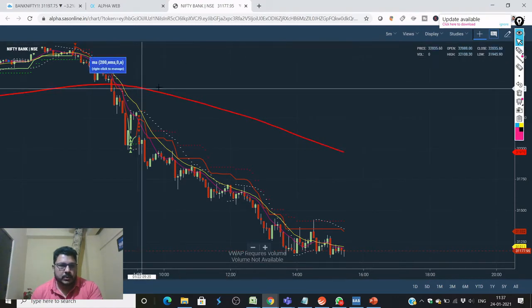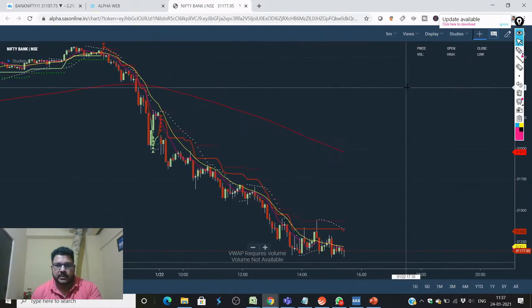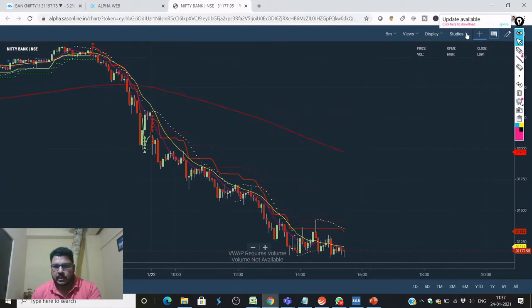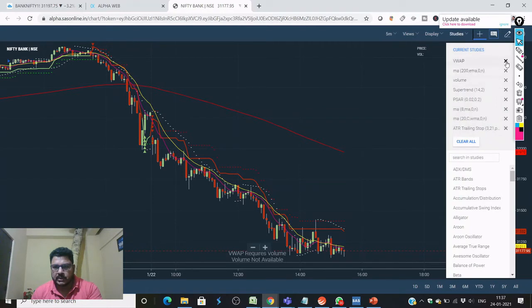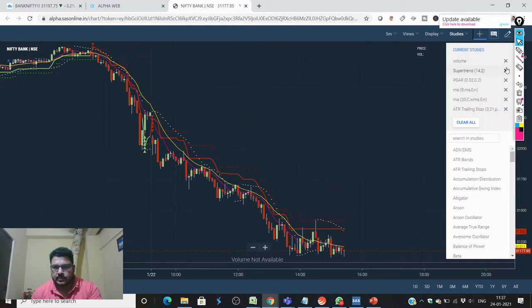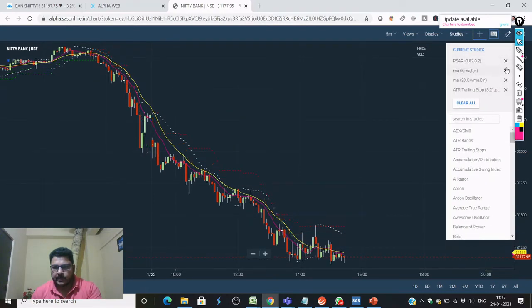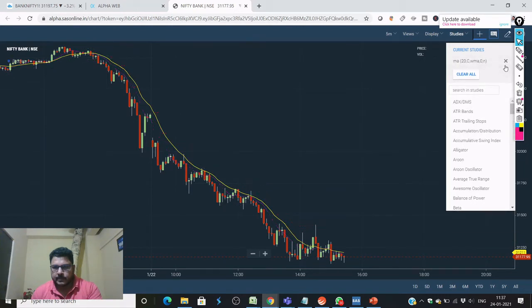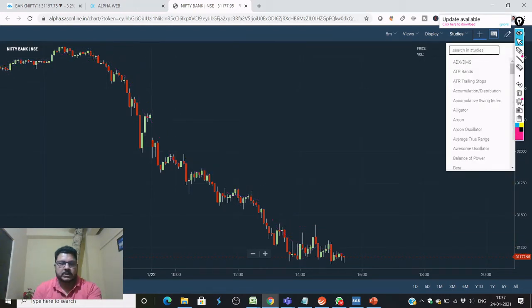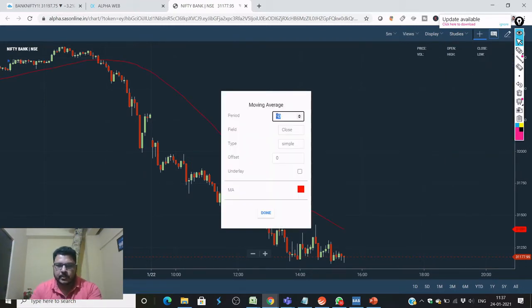Okay, so I have plotted the Bank Nifty chart here. Let me show you the plotting and just remove all the studies. And just try to put simple moving averages. This I'll put 200, let the color be red.